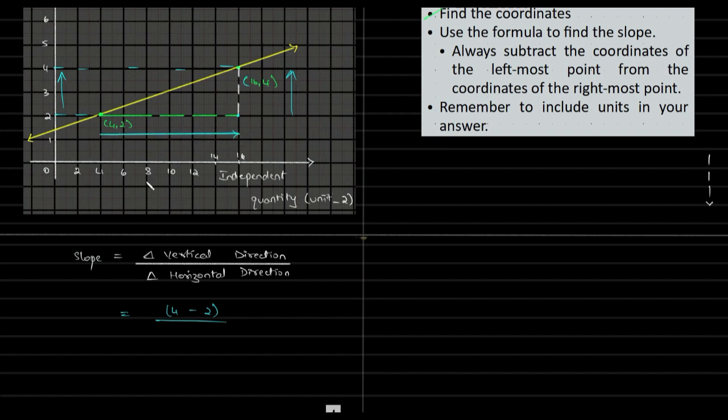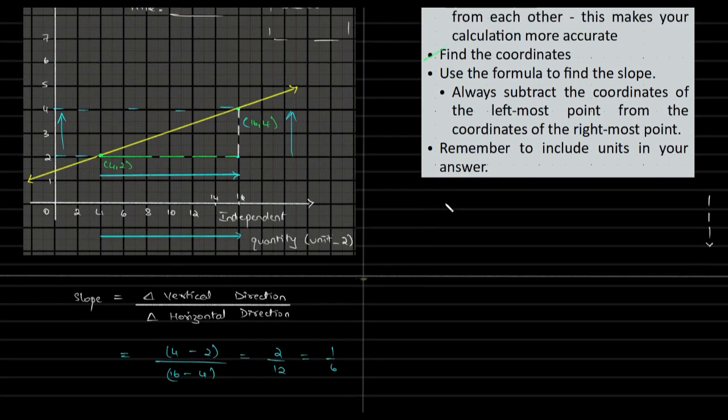It's the same over here obviously. So 16 minus 4. So the difference is 2 and over here it is 12, so 1 by 6. So every unit of change in x will have a change of 1/6 along the y.